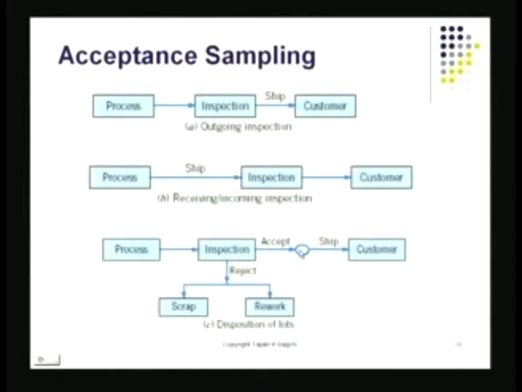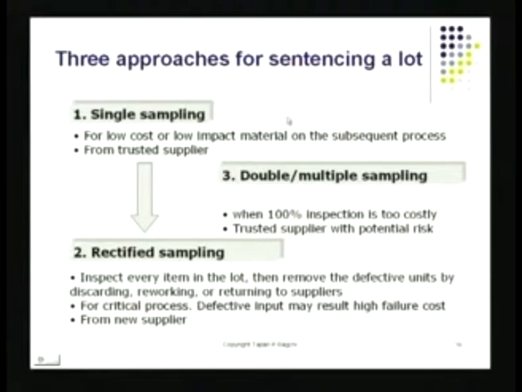He accepts certain lots, which he uses up, but he may also reject certain lots. The rejected lots can either be scrapped or reworked, or the customer may rectify that particular lot and accept it. These are the various uses of acceptance sampling in industry. What are the different methods I could use?